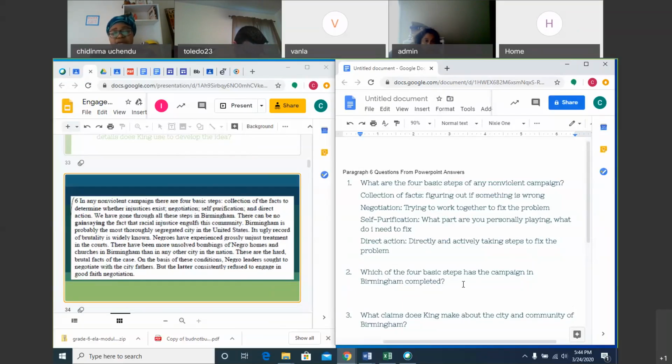If you remember the last thing that we read, in that first paragraph, Dr. King, this whole letter is because some people had negative things to say about the demonstration that they were doing, okay? So that's why we can say that, yes, they have demonstrated, they've gone through these different steps in Birmingham. They all finished the 4 steps.